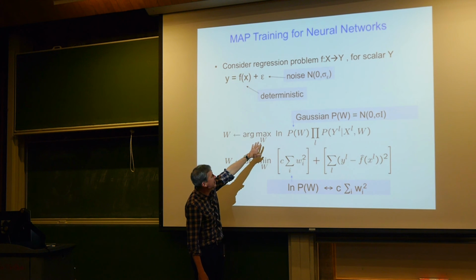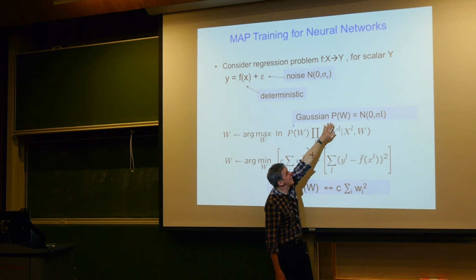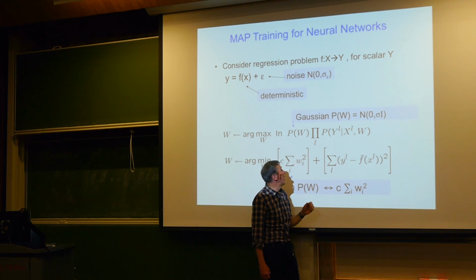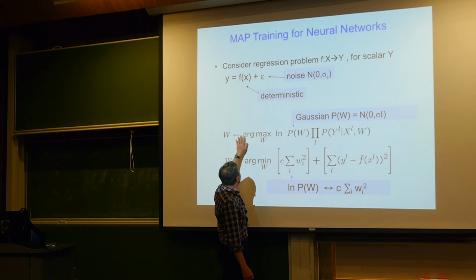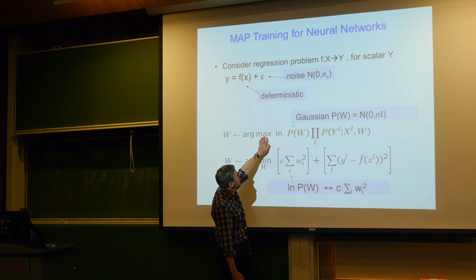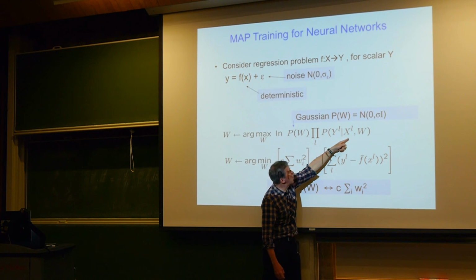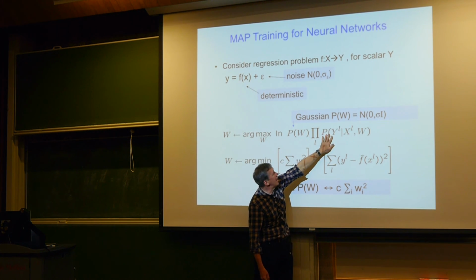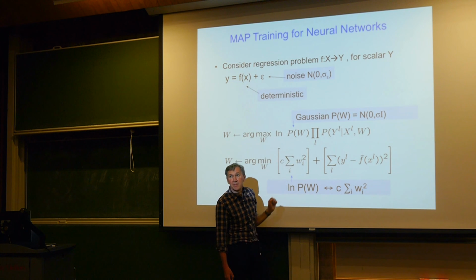Remember, then we decided we put a prior on our weights, let's say a zero mean Gaussian prior, which then turns our optimization problem into maximizing this quantity. Again, there's a data likelihood term plus the prior term.